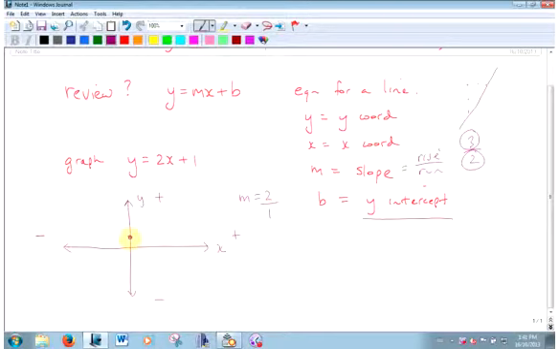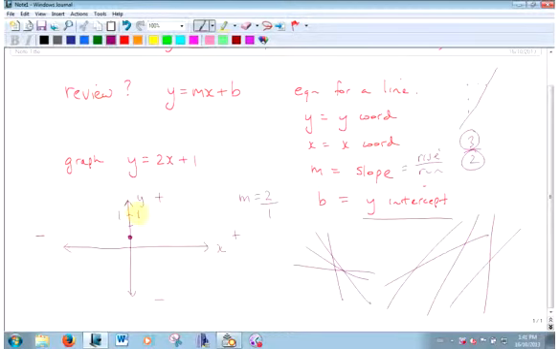So from this point, I'm going to rise 2 units, 1, 2, and I'm going to run either a unit that way or a unit that way. Which way do I go? Well, I need to know if my slope's positive or negative. Positive lines are ones that tilt like this, and negative lines are ones that go that way.